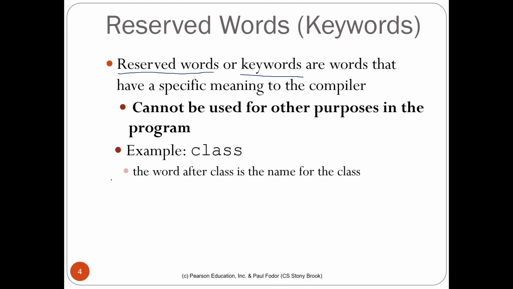As an example, let's look at class. Class has a specific meaning in Java. If you remember, we wrote that welcome program this way. Let me reproduce a part of that program. We said public class welcome, and then we did the rest of the thing in this block.